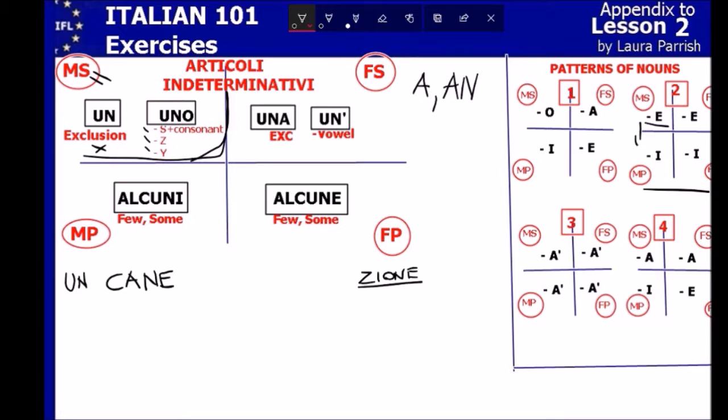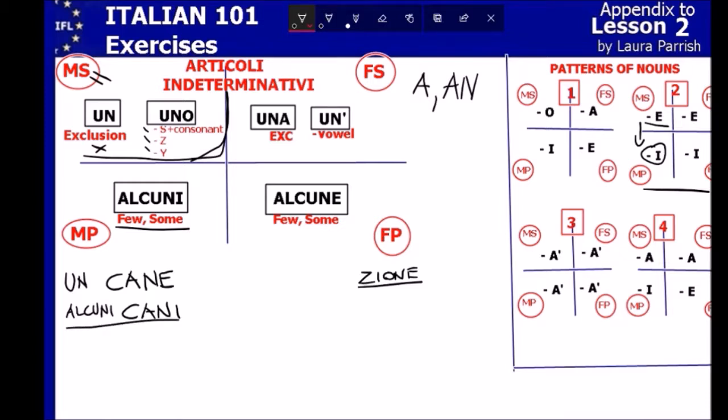We go here, we go down, so we substitute the E with an I. So the plural of un cane, that means dog, is cani. And because I told you in the lesson that the indeterminative article at the plural doesn't exist, it will be alcuni. So we use a word that means a few. Alcuni cani. This is the way.